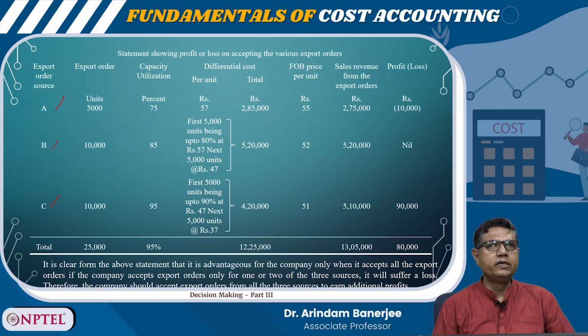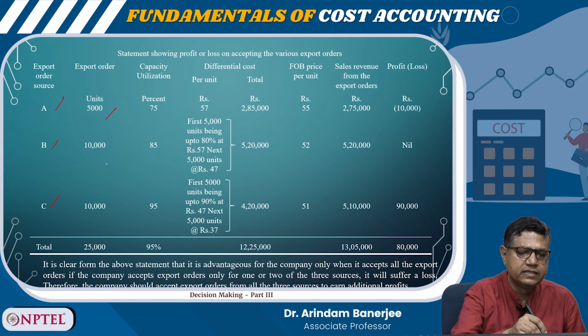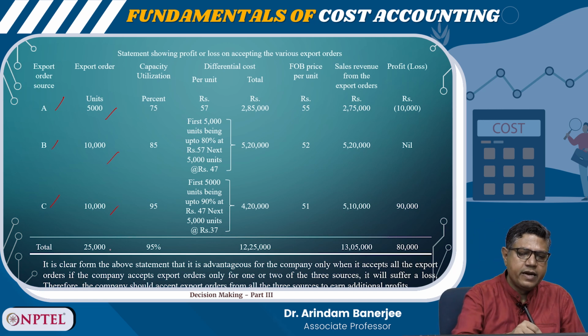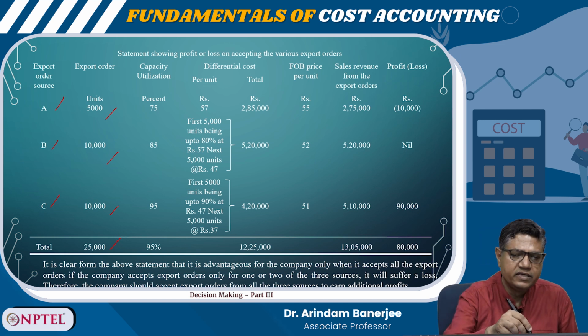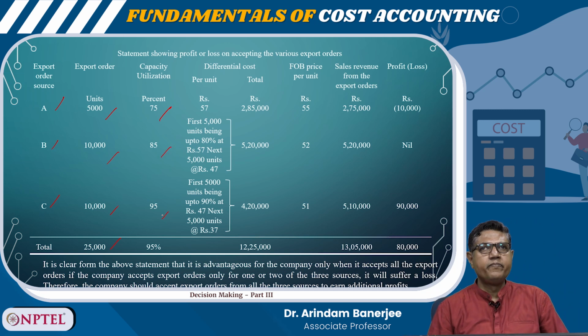So, the export orders I can calculate like this: the first one is 5,000 from A, second is 10,000, third one is 10,000. So, total is 25,000 here, right. And capacity utilization for the first one, 5,000, is 75 here, then 85 and 95, right. Differential cost, it is how much?